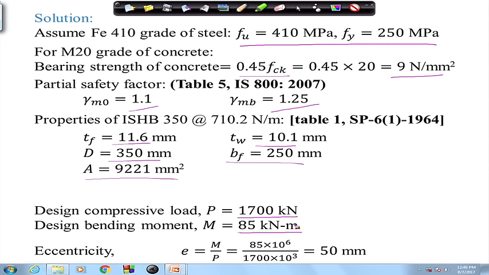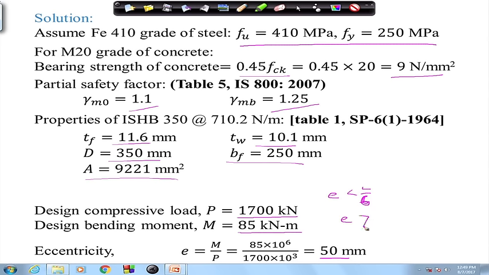So, here eccentricity will come, and that amount of eccentricity will be 50 millimeter, M by P, because we need to know whether the eccentricity is less than L by 6, in between L by 6 and L by 3, or greater than L by 6.